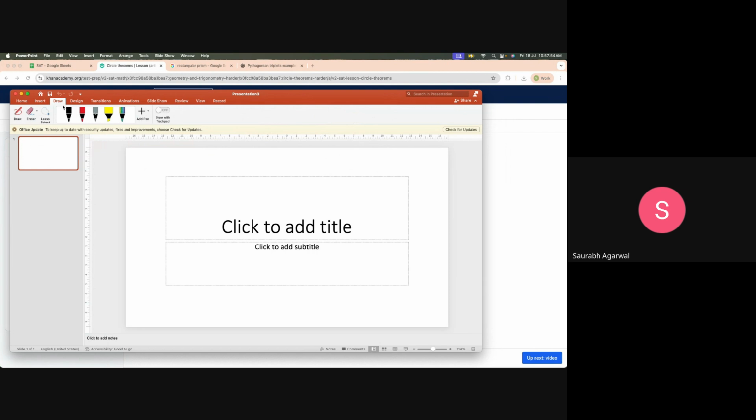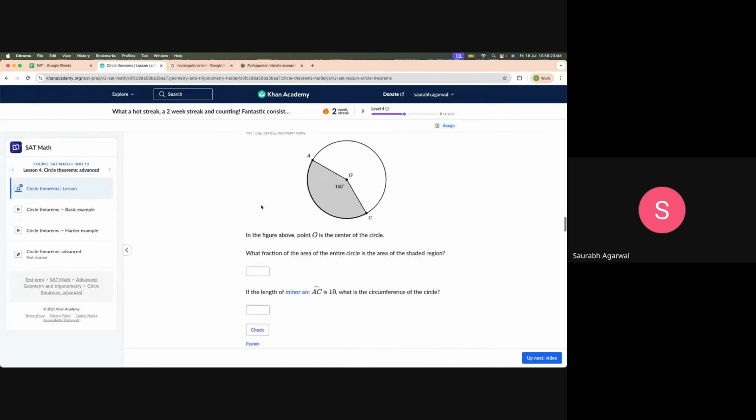So if it's a semicircle, and if you draw an angle from here to here, this will be a right angle, 90 degrees. But this need not be. I forgot what this theorem was. Ignore what I said.